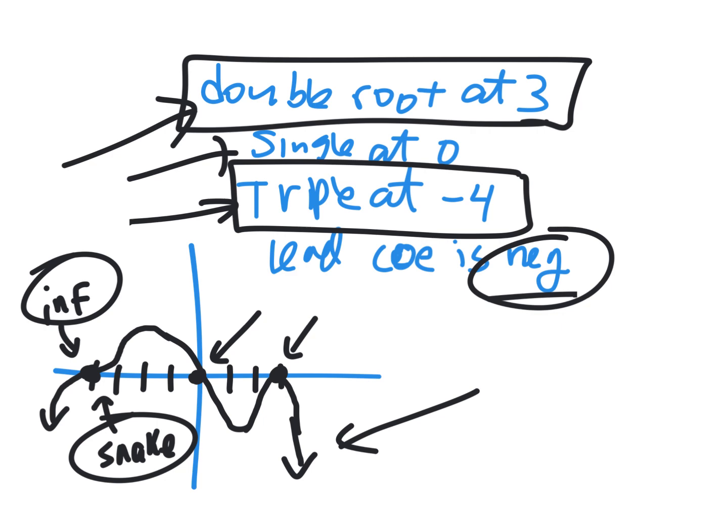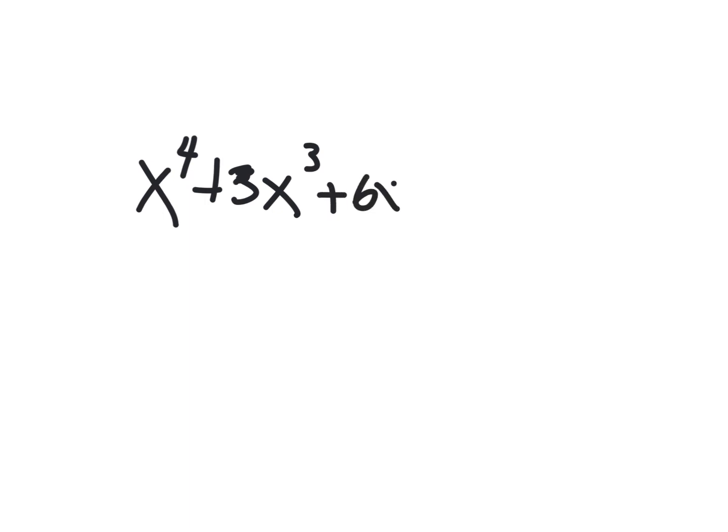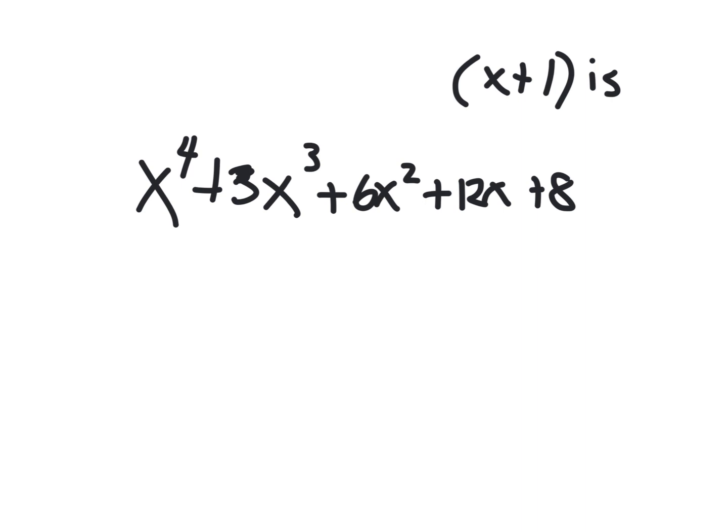Next one is, do you remember synthetic? So I'm going to give you a problem: x to the 4th plus 3x to the 3rd, let's say 3, plus 6x squared plus 12x plus 8, and then I'm going to say x plus 1 is a factor.